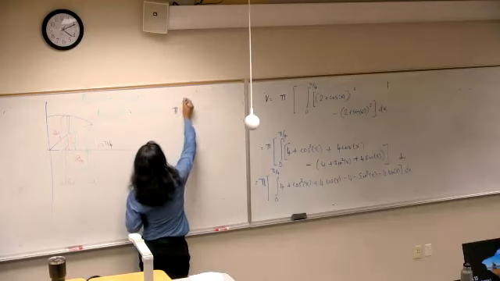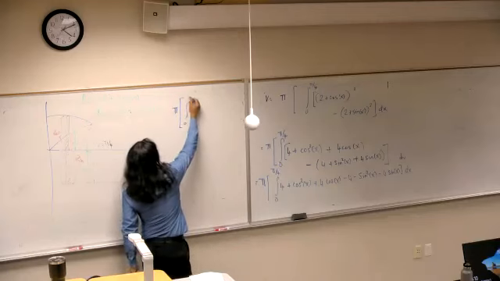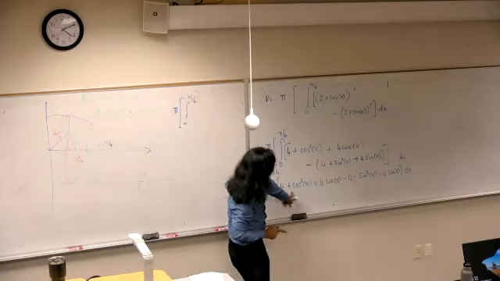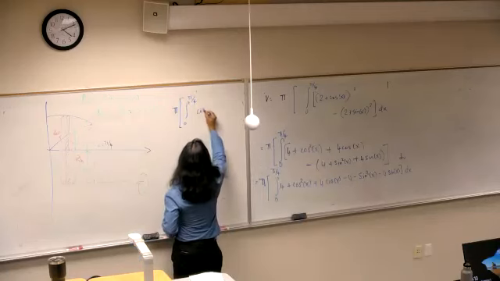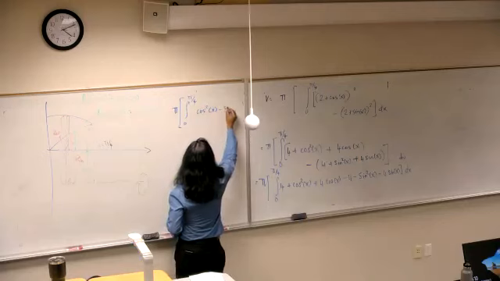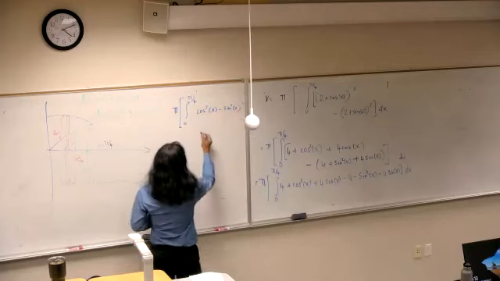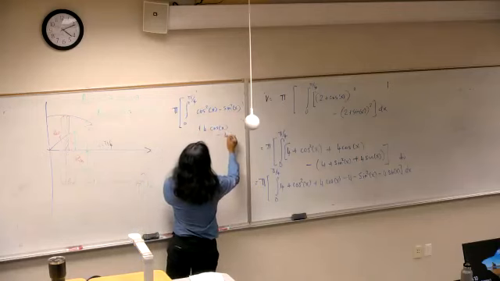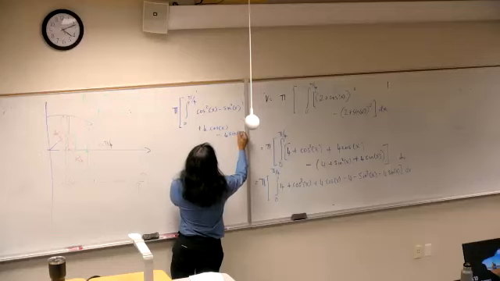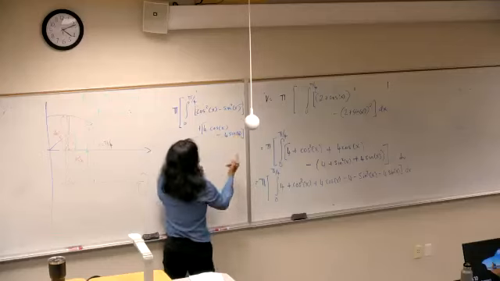Pi, integral from 0 to pi over 4 of cosine squared x minus sine squared x. The other term would be 4 cosine x minus 4 sine x. Good.